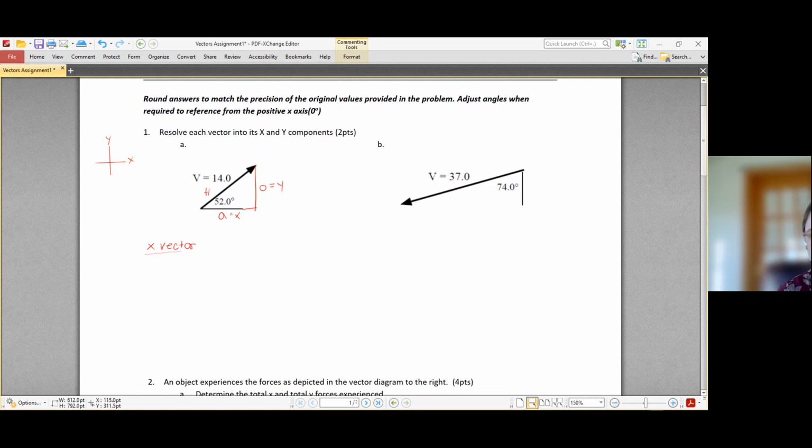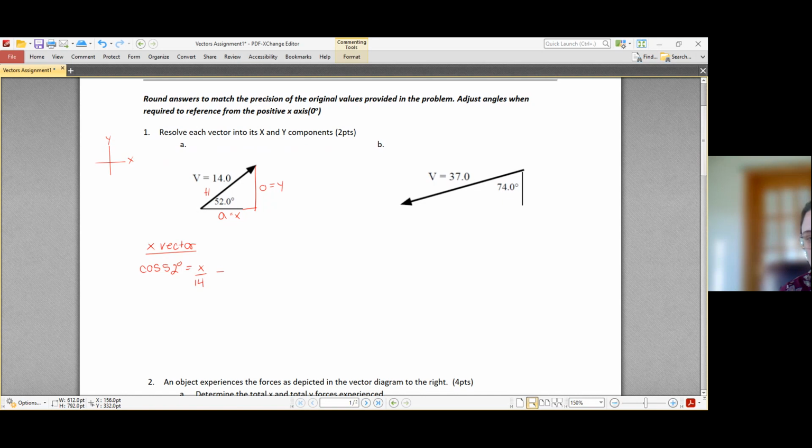I haven't used this tablet in a while and my writing definitely hasn't improved with it. So if you want to find the x vector, x is the adjacent side, and we know from SOHCAHTOA that CAH, cosine, uses adjacent and hypotenuse. So the cosine of 52 degrees is going to be equal to our adjacent, which is our x, divided by the hypotenuse, which is 14.